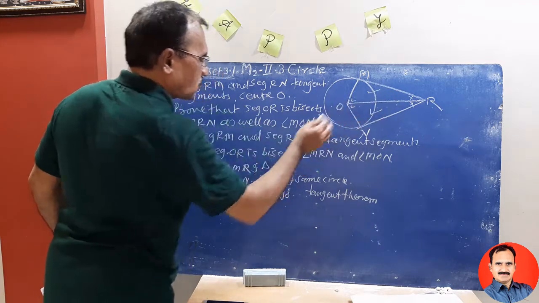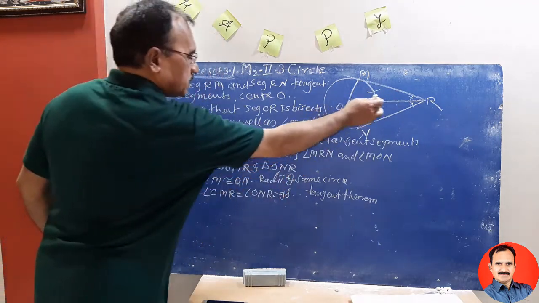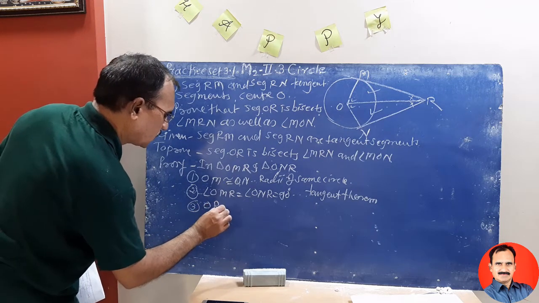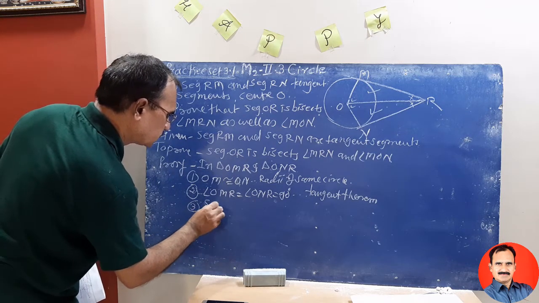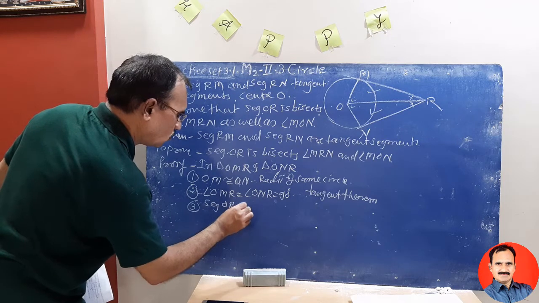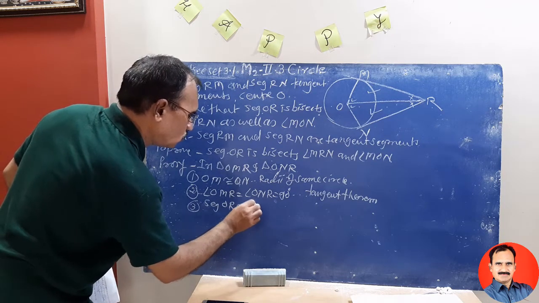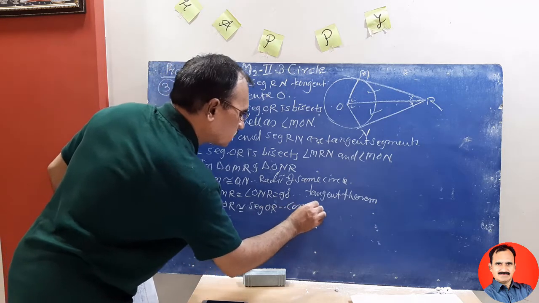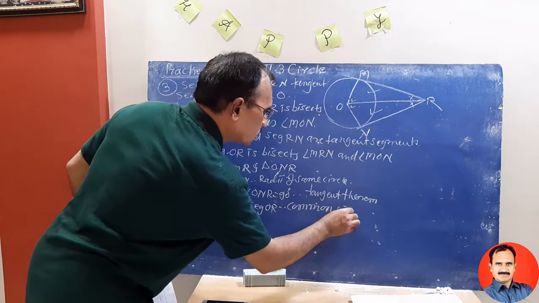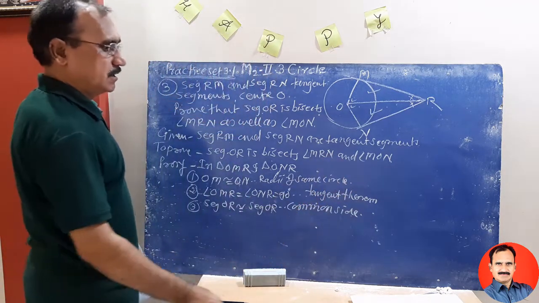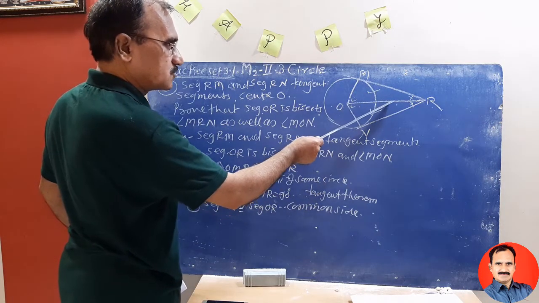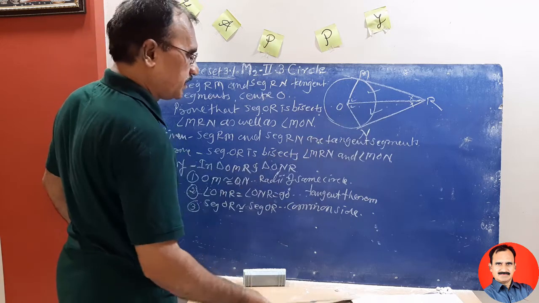Then OR is congruent to OR, the common side. Here is the common side, but these triangles are right angle triangles, so this common side is nothing but the hypotenuse.